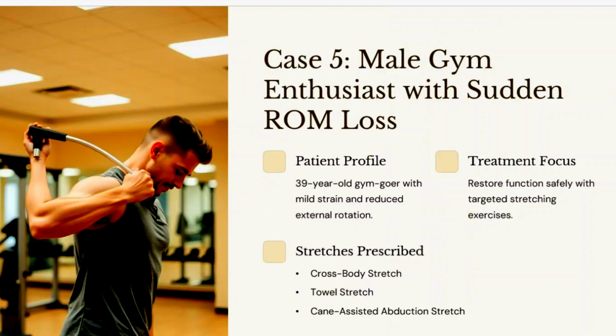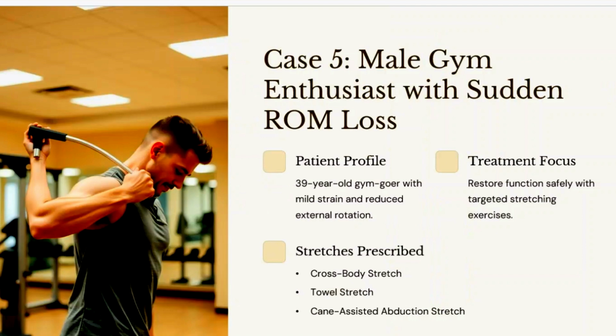Okay, case scenario number 5 is basically a male gym enthusiast with sudden range of motion loss. Basically, a 35-year-old gym goer with a mild strain and reduced external rotation. So basically, it is the mild stage, like the freezing stage, because the patient has reduced external rotation in this case, and with that he can feel the mild strain as well.